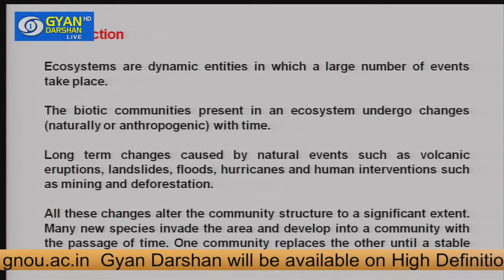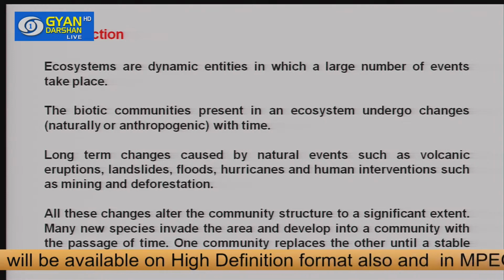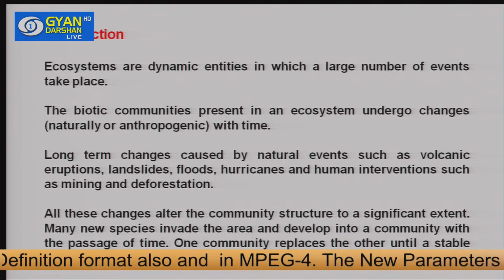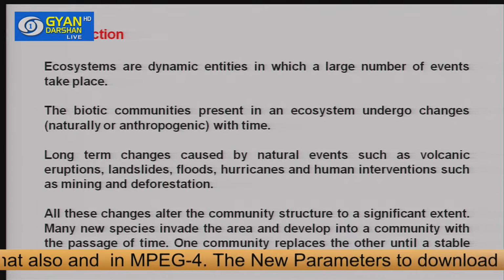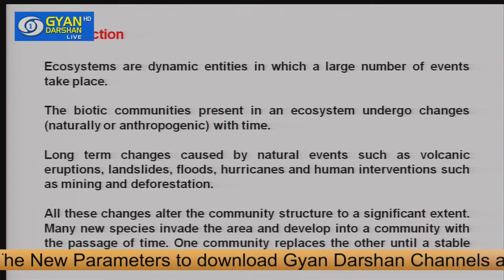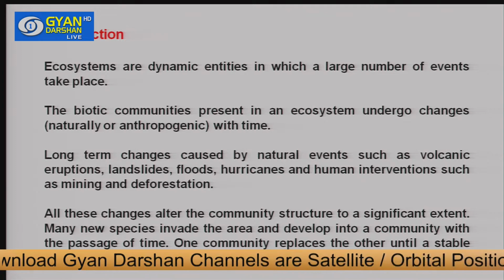The changes can be natural or anthropogenic, that is, due to human intervention. Long-term changes are caused by natural events such as volcanic eruption, landslides, floods, hurricanes, and human intervention such as mining and deforestation.